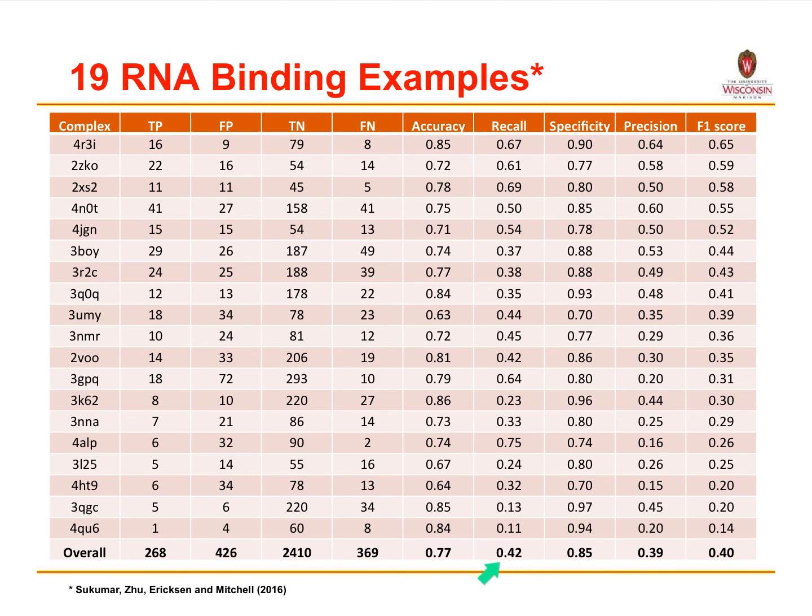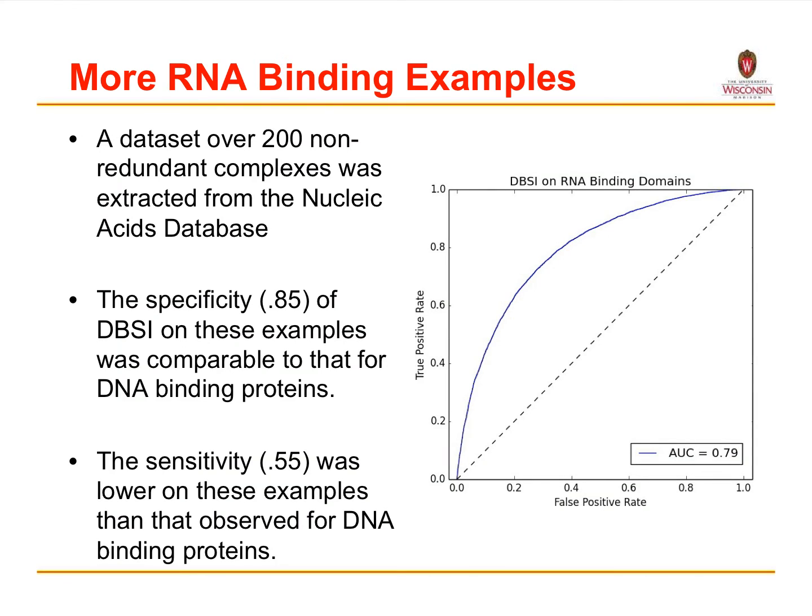Now, compared to DIBC on DNA binding proteins, the recall or sensitivity was lower. Instead of predicting 70, 75, 80% of examples, for this set of 19 it had a sensitivity of 42%. Now we did a much larger test, over 200 non-redundant examples of RNA binding proteins.